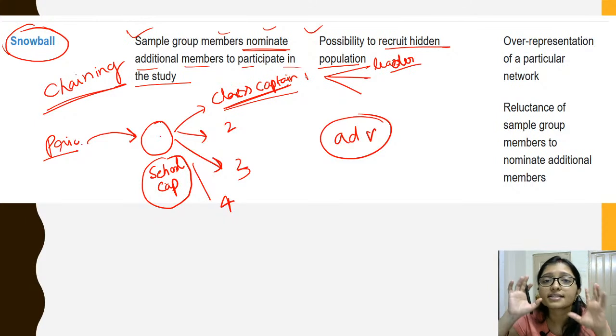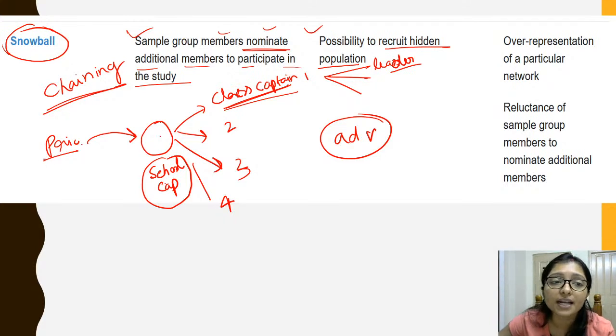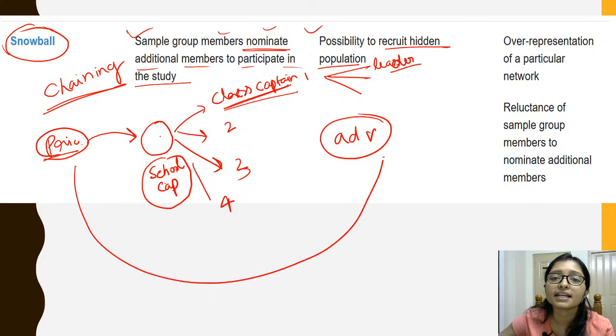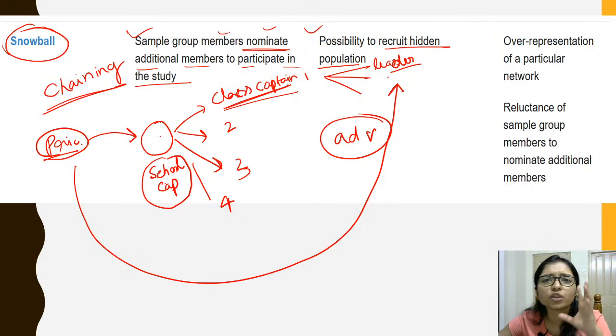That's why it is possible to recruit the hidden population, the population you don't know. If the principal had to directly choose the leader, then there is a possibility that the principal doesn't know who has the leadership quality. That's why there is the possibility some hidden population will be there, right?